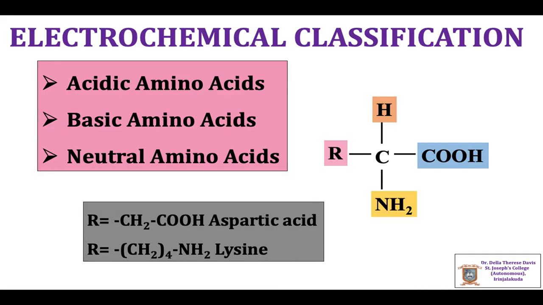Since it contains an extra NH2 group, lysine is basic in nature. Glycine, alanine, etc. are examples for neutral amino acids which contain one COOH group and one NH2 group in their structure.